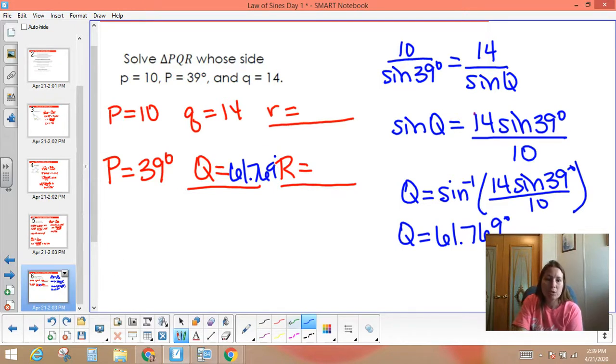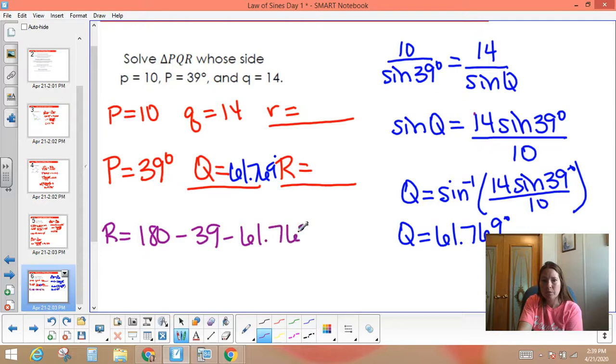Okay, so next, what do we have that we can find? Well, I know these two angles, so I should be able to find the third angle in my triangle. So to find angle R, we're going to do 180 minus 39 minus 61.769.